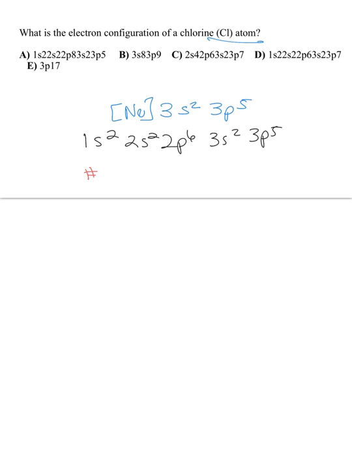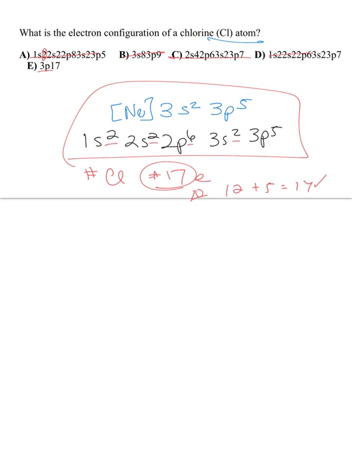The number of electrons for a ground state neutral chlorine would be 17. So you count these superscripts: 2 plus 2 is 4, plus 6 is 10, plus 2 is 12, plus 5 is 17. So you're good there. You can't have a p8. So it's not in there, so this would be the answer. You have to write that in.